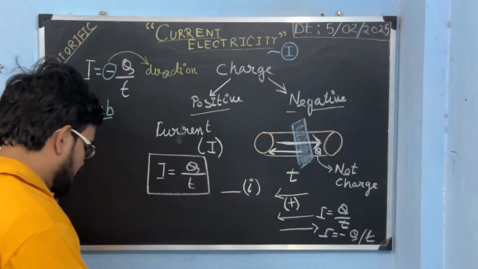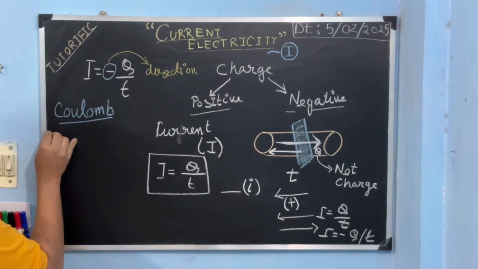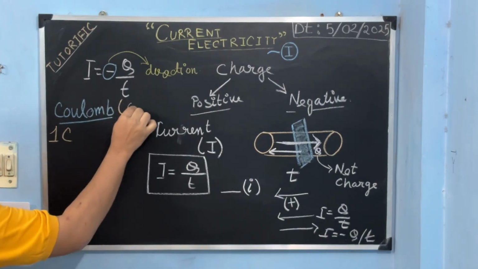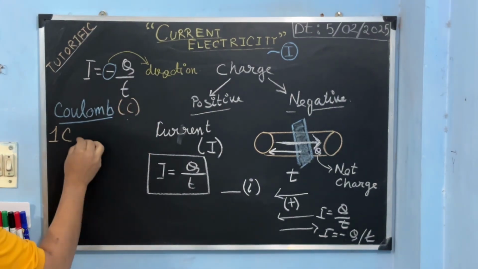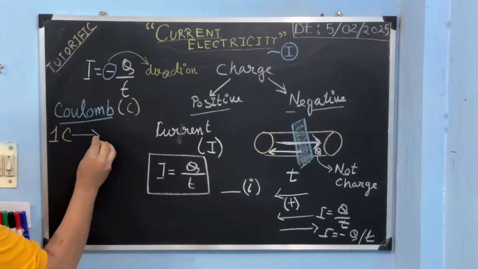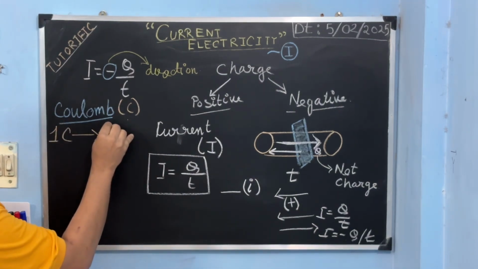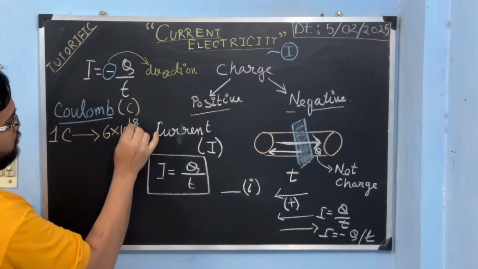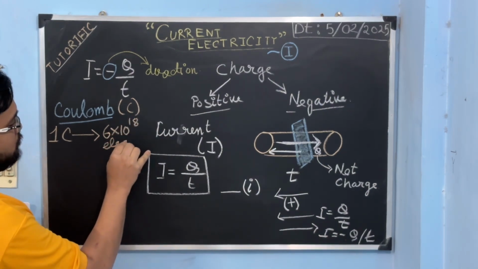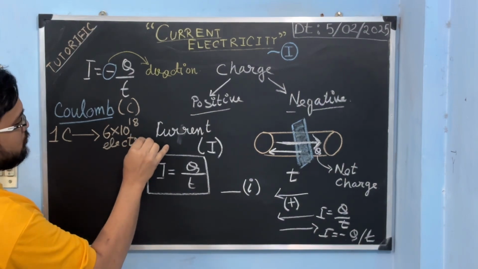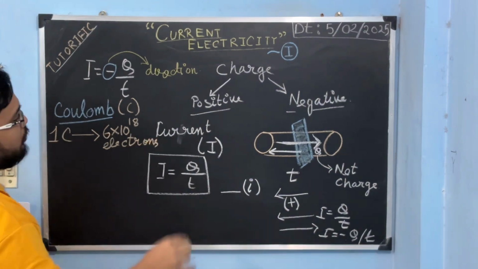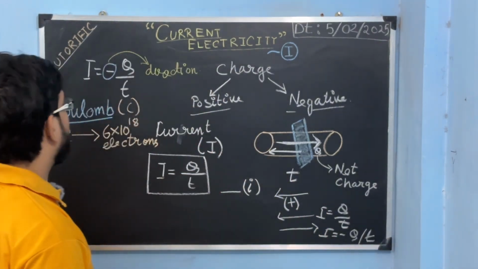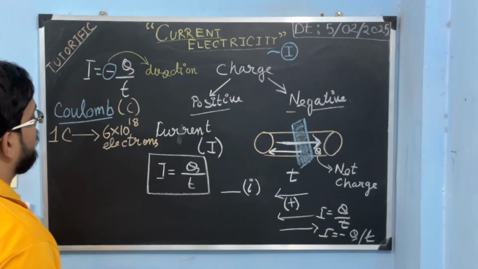So, what is 1 coulomb, or how do we state 1 coulomb? 1 coulomb of charge, coulomb is represented by C. Okay. 1 coulomb of charge is basically the total quantity of charge possessed by 6 into 10 to the power 18 electrons. So, coulomb is basically the quantity of charge possessed by 6 into 10 to the power 18 electrons.